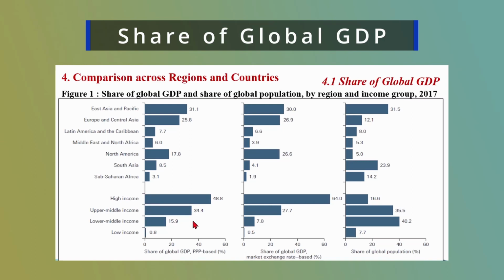And for each of the countries, ICP estimated the GDP on the basis of purchasing power parities as well as on the basis of market exchange rate. Therefore, this figure helps us to understand the distribution of the global GDP across different regions in respect of income as well as in respect of different geographical locations.